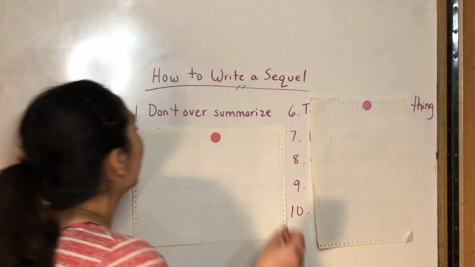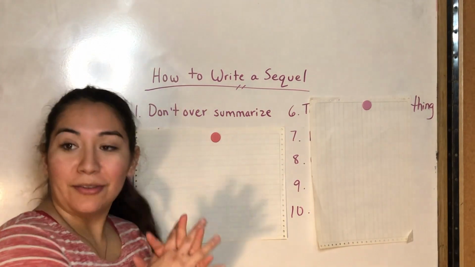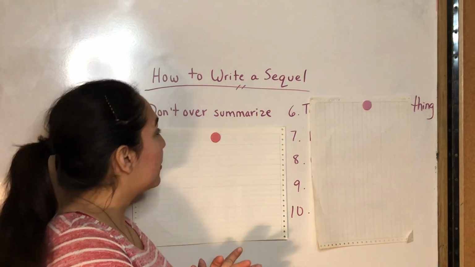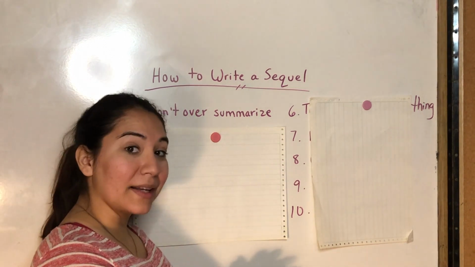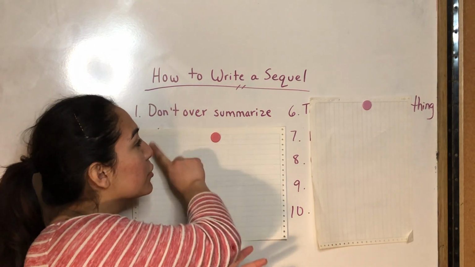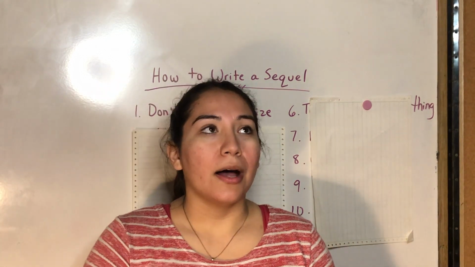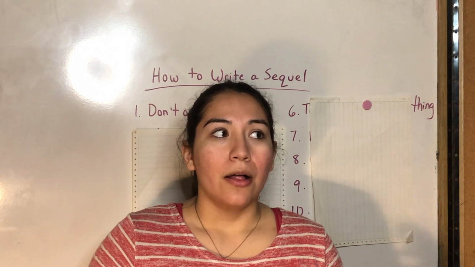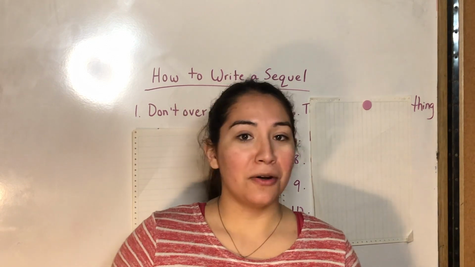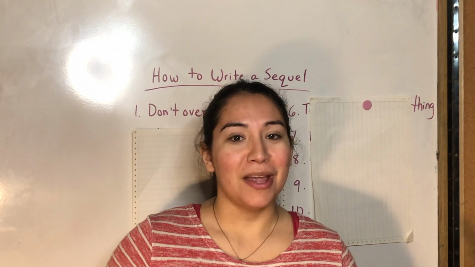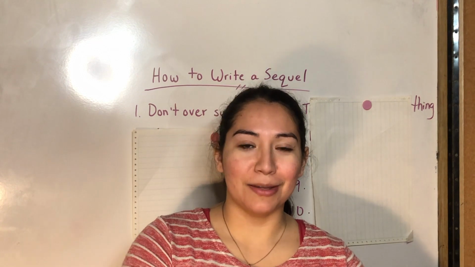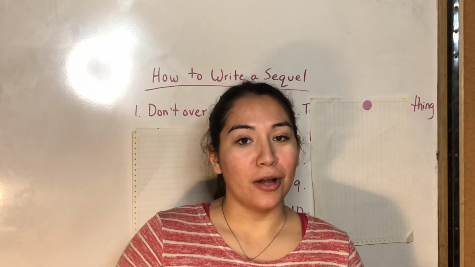So, first point that you're going to want to know about writing a sequel is that you don't want to over summarize. Why? Well, maybe you're thinking, they're new readers. They don't know where our characters are coming from, so we need to tell them everything that happened. Not true.